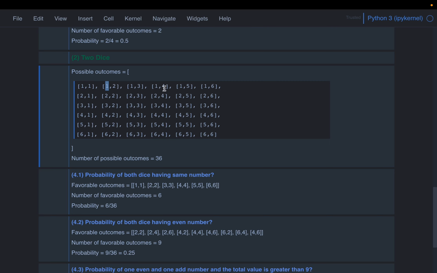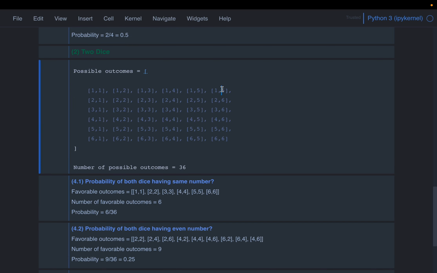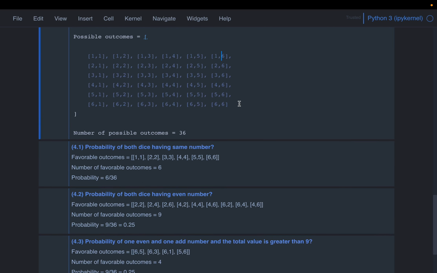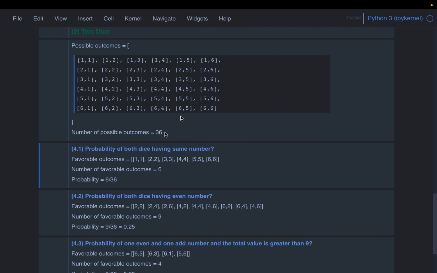It can be 1, 2, 3, 4, 5, and 6. And similarly, when the first die is 2, the second die can again have values between 1 to 6. So 6 outcomes, right? So in total, when we roll 2 dice, we will have 36 possibilities like this.